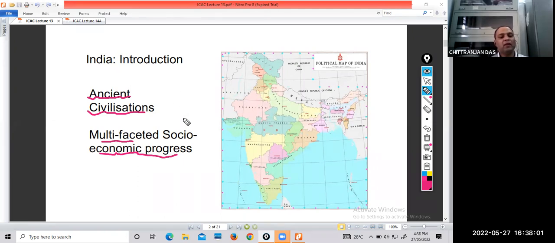Then regarding multifaceted socio-economic progress, can somebody tell me where we have progressed, and what all examples can you give of the multifaceted socio-economic progress of the country?